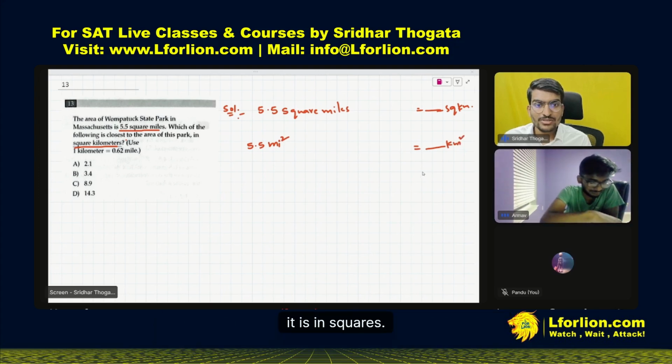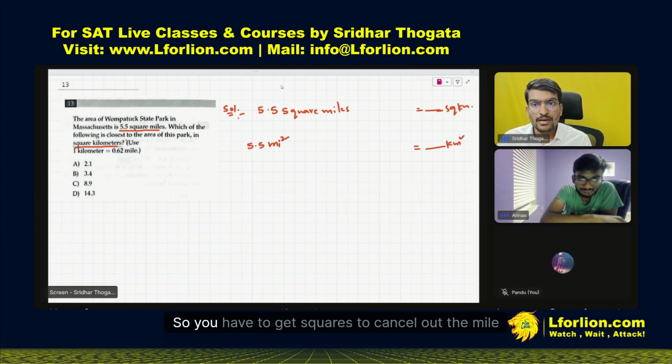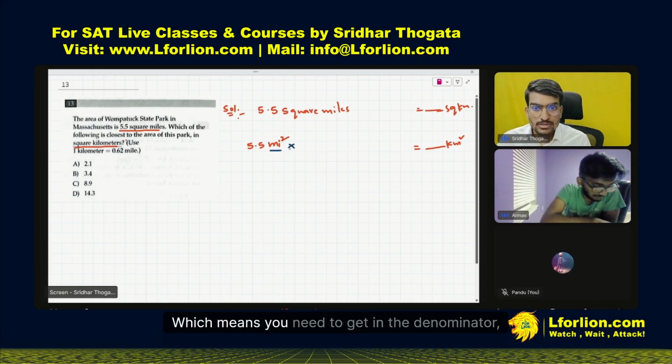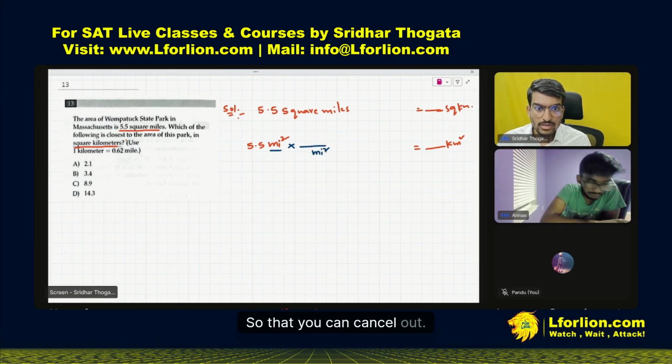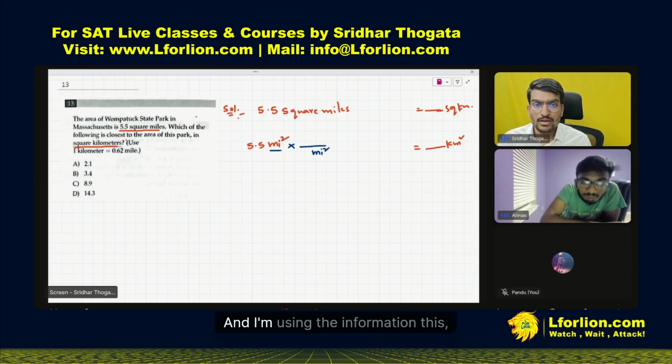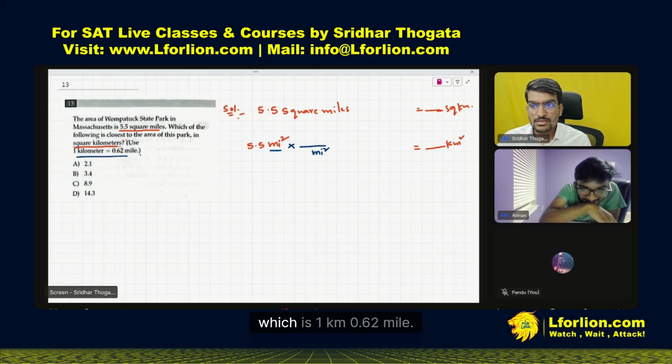What does this mean if we write 5.5 mile square and you need dash kilometer square? It is in squares, so you need mile square in the denominator so that you can cancel it out. To do this, I directly wrote mile square in the denominator, and I'm using the information 1 km per 0.62 mile.